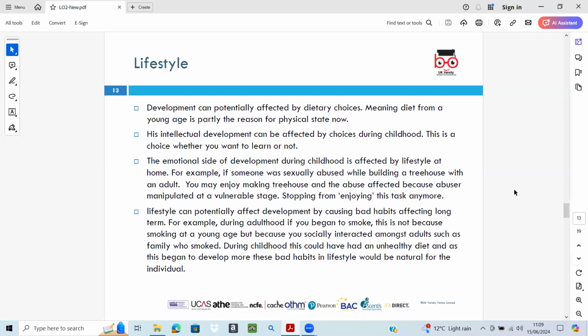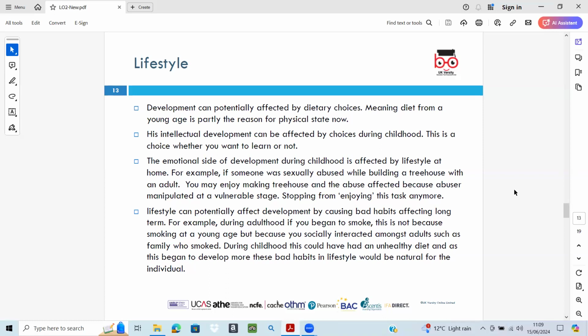Now we have to talk about the long-term effects. We can say impact of habits on long-term development. So we have habitual choices, like lifestyle habits developed during childhood, like unhealthy eating patterns or social interactions.